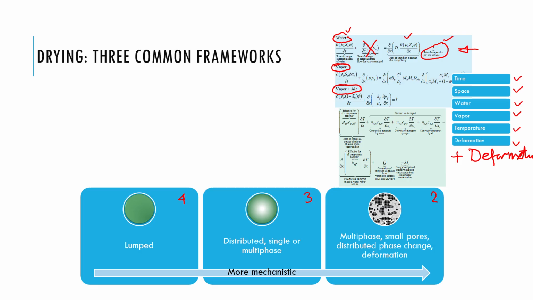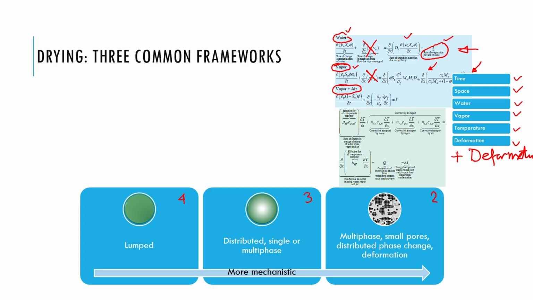Likewise, for the vapor phase, we have a similar evaporation term that is not seen here, and then we have a binary diffusion, and then again we are ignoring, for this less intense heating, any pressure-driven flow.